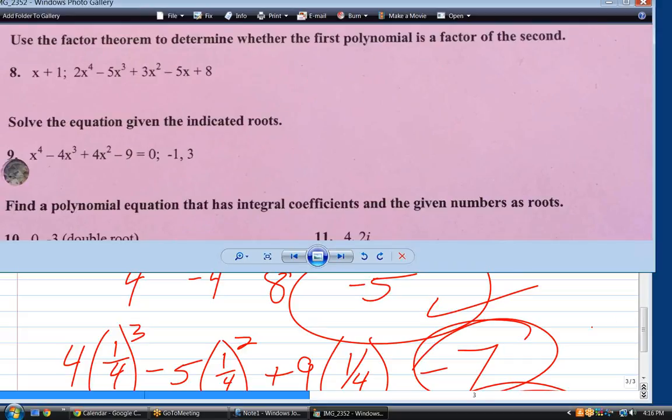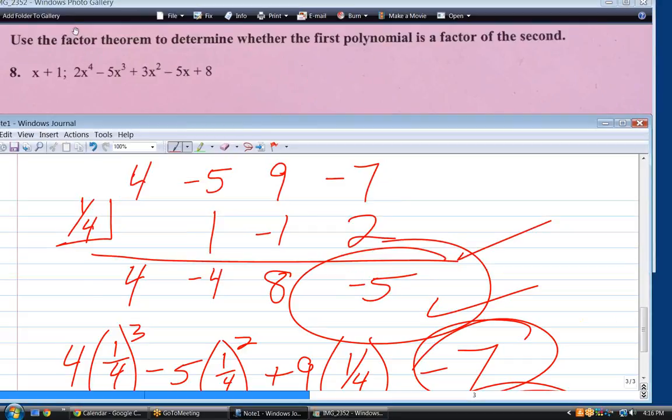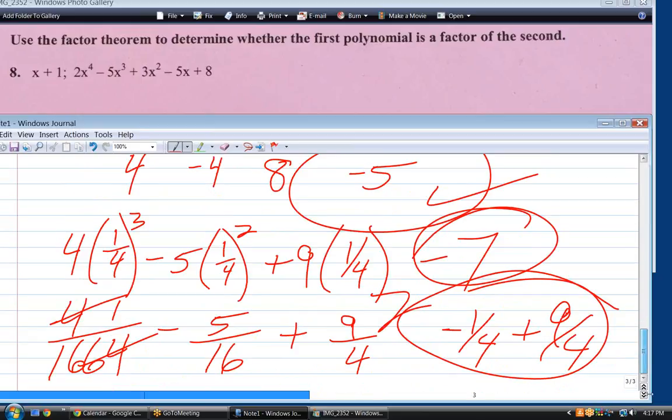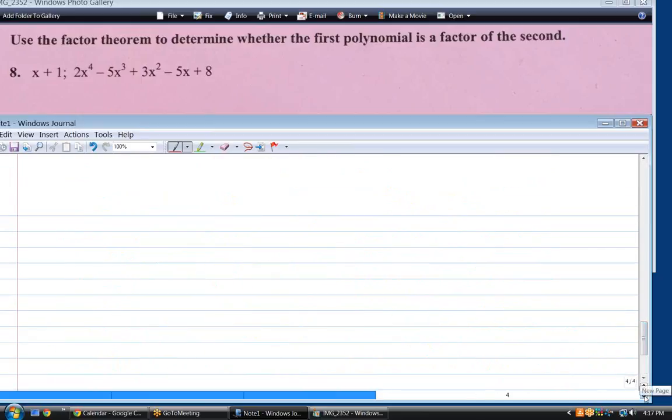They're actually the same thing. When they say the factor theorem, the other way we could do it is to say that the numerator is a factor of 8, the denominator is a factor of 2, and work through all the possibilities. But if they're asking us whether this is a factor of that, all we have to do is divide it, and if we get a 0 remainder, then it is a factor. If we get any other kind of remainder, it is not.